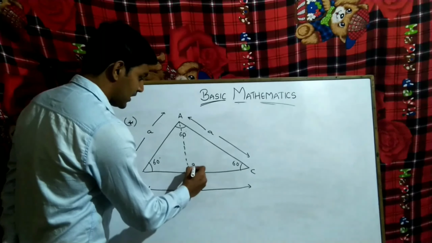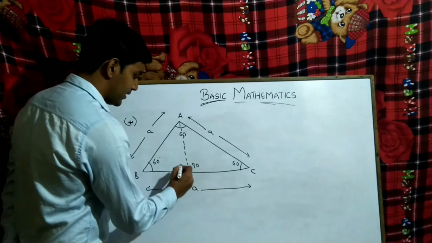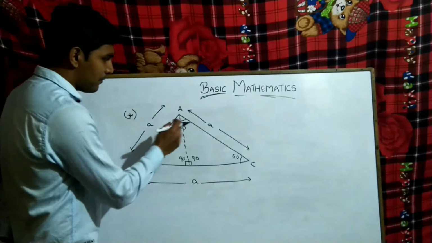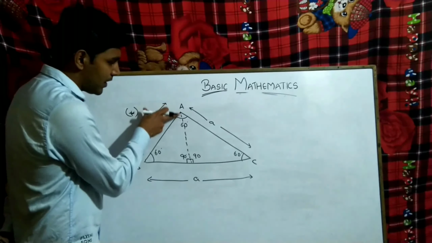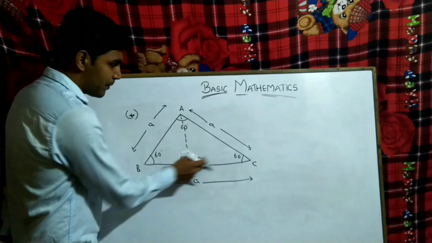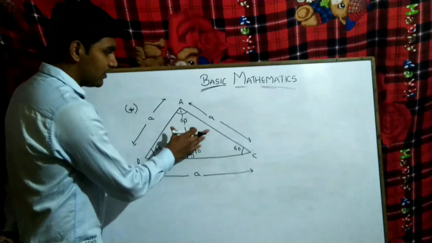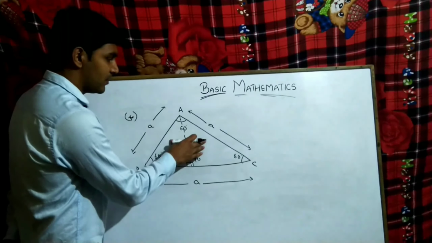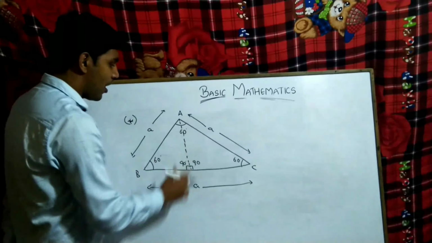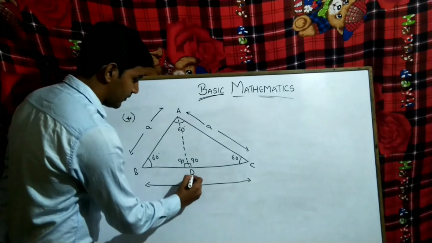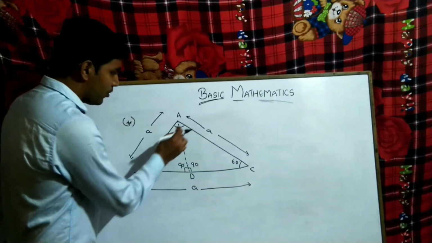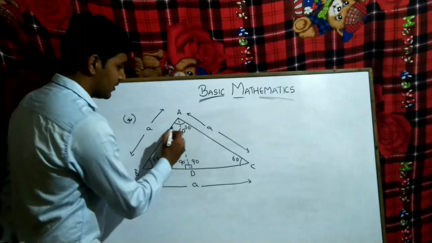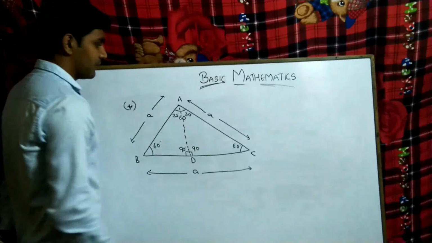So it makes 90 degrees here and 90 degrees here. If a line is drawn from A perpendicular to BC, it separates two right angle triangles. Let's take this point D. Now if these two angles are equal, then automatically this becomes 30 degrees, and this also becomes 30 degrees.